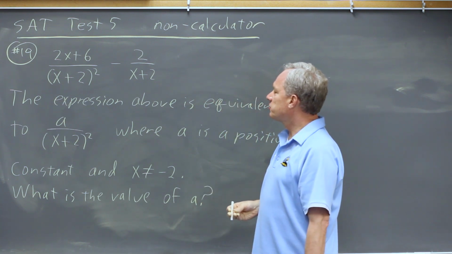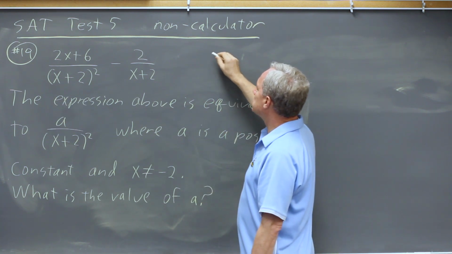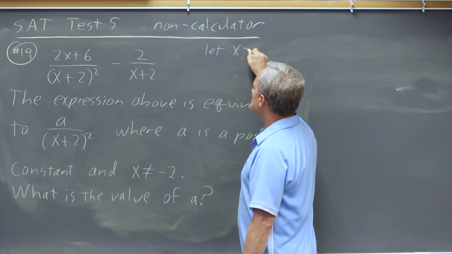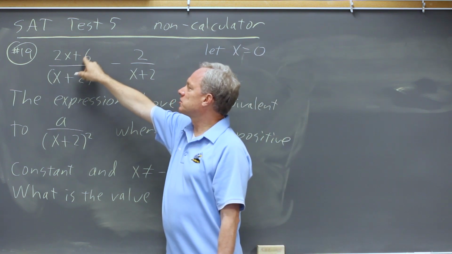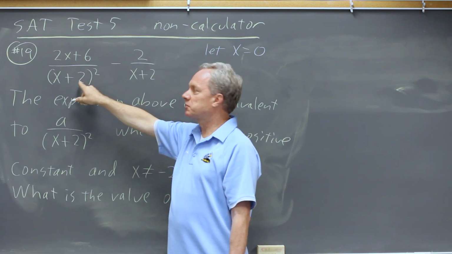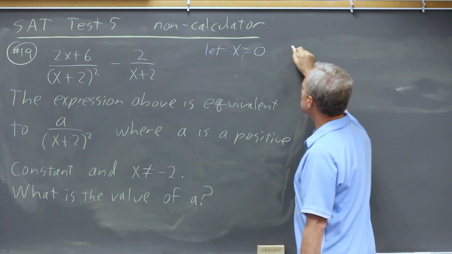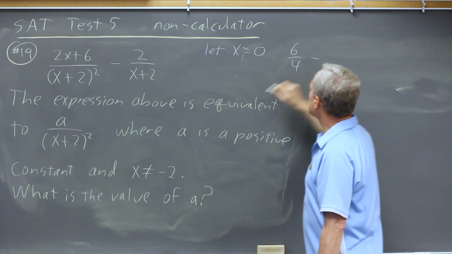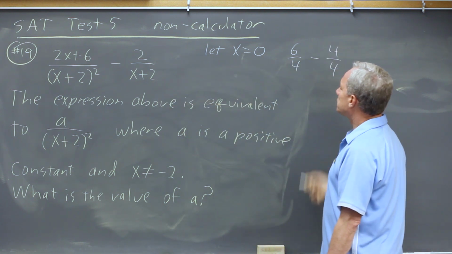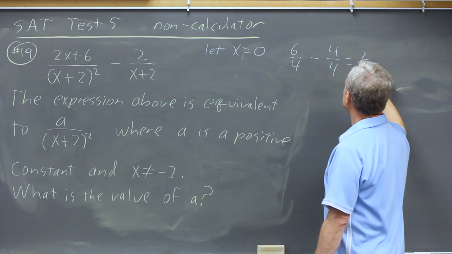I would rather choose a value of x, and of course I'm going to do x equals 0. That gives me 2x plus 6 is just 6, x plus 2 is 2, and squared is 4. So that's 6 over 4 minus 2 over 2, which I'm going to write as 4 over 4 to get a common denominator. So that's 2 over 4.